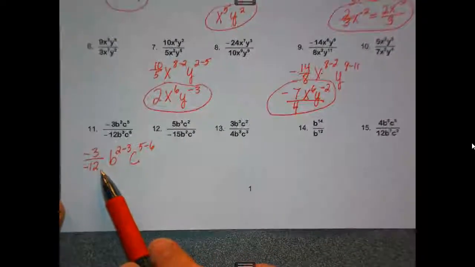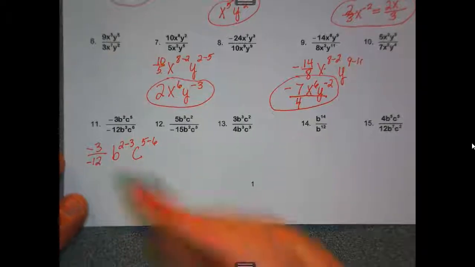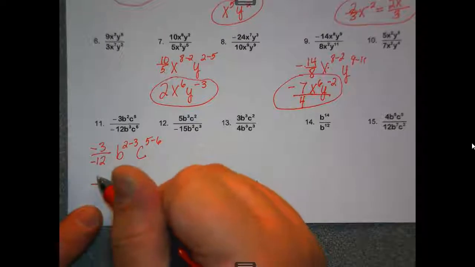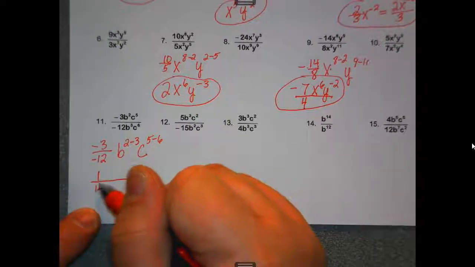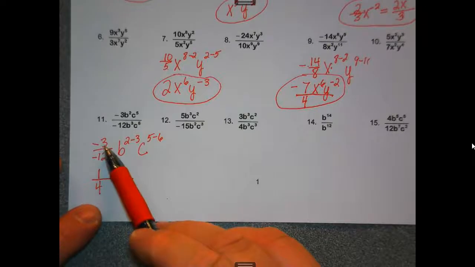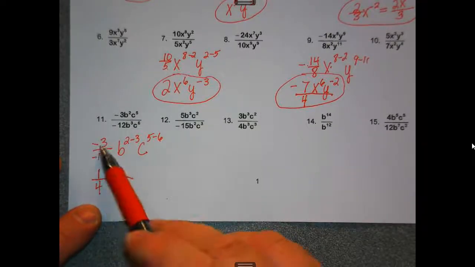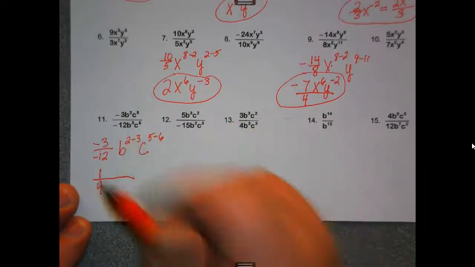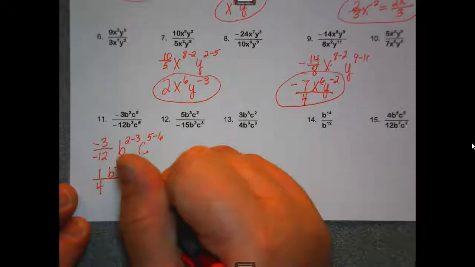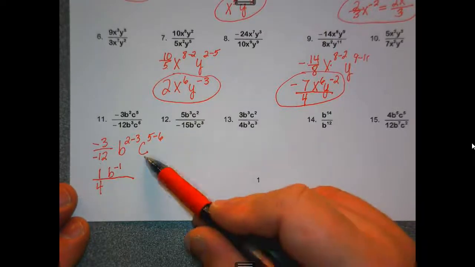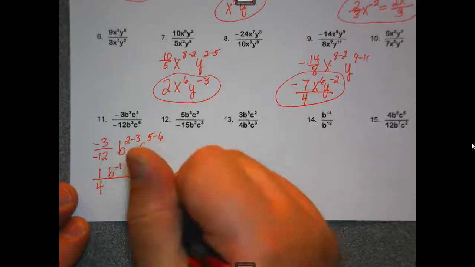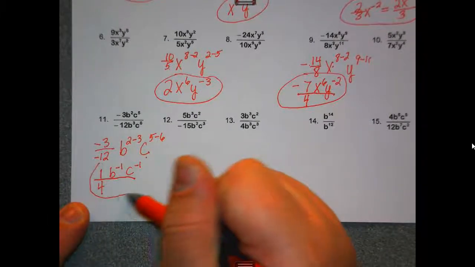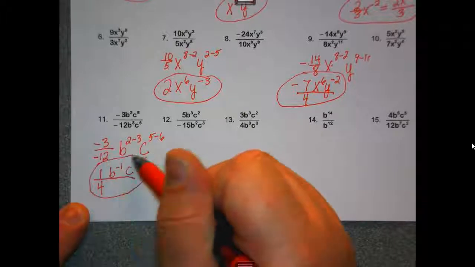Okay, I can reduce negative 3 over negative 12 to 1/4, right? 3 goes into 3 once, 3 goes into 12 4. Negative over a negative is a positive. B to the 2 minus 3, b to the negative 1, c to the 5 minus 6, c to the negative 1. And right now we're not going to deal with negative exponents, so we'll just leave them.